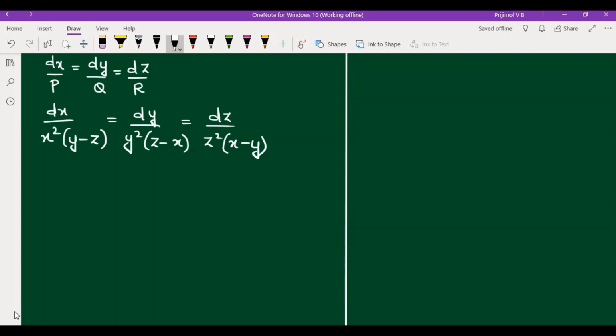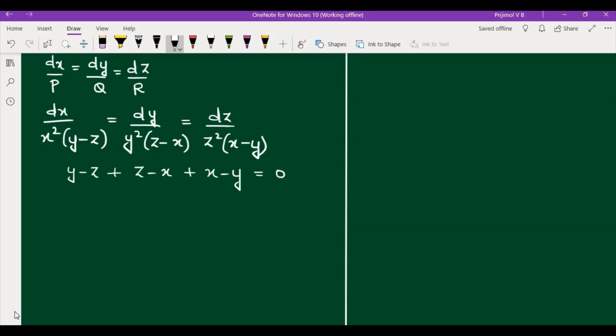Now if you choose the multipliers like if you can cancel x square, if you can cancel y square, and if you can cancel z square, then you will be left out with only y minus z, z minus x, and x minus y. Now if you are adding all these, then you know it is going to be 0, isn't it?